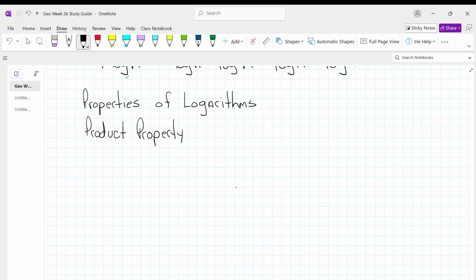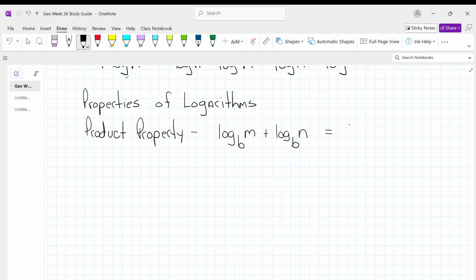This will be applied when you have two logs with the same bases. So log b of m, and you're adding log b of n. In order to write this as a single log, you would multiply the products.